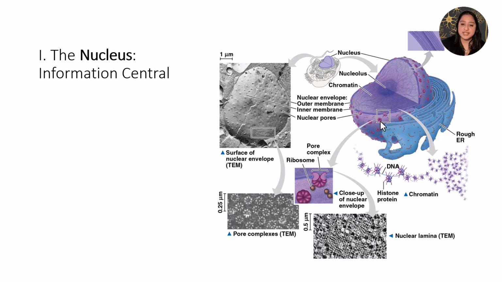The nucleus is the same. There are pores that control whether something can go in or out of the nucleus. And it's not just a hole, it is a complex. There's the pore complex that makes the little pore. And you can see there are also some ribosomes that are bound to the nuclear envelope.